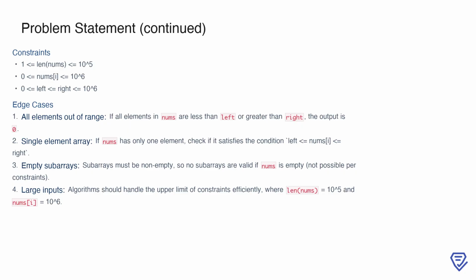In such cases, the output would be 0 since no valid subarrays exist. Another important case is when the array has only one element. Here, we just check whether that single value satisfies the condition. Remember, subarrays must always be non-empty, and the constraints ensure that nums will never be empty, so there's no need to handle an empty array scenario.